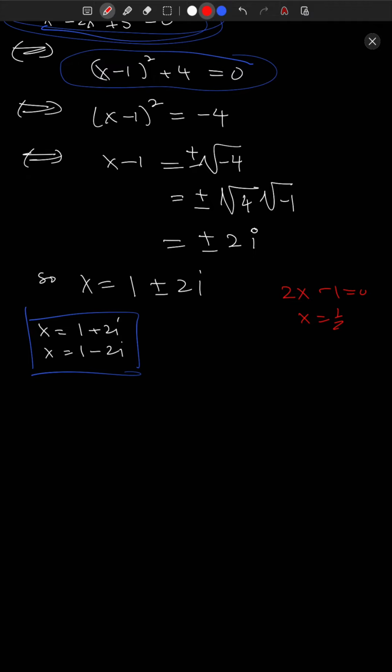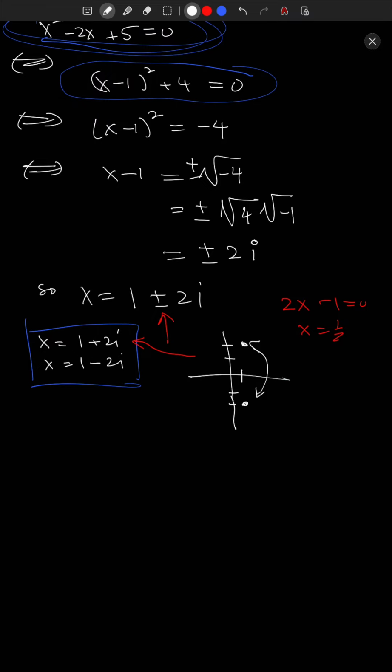One thing to notice: when you do have a complex solution, it always comes in pairs because of this plus or minus. Let's draw the picture here. One solution is 1 plus 2i, so 1, 2. And the other one is 1 minus 2i, right there. They're always symmetric about the origin in terms of the picture.